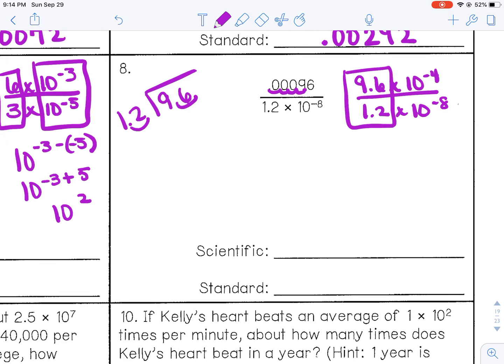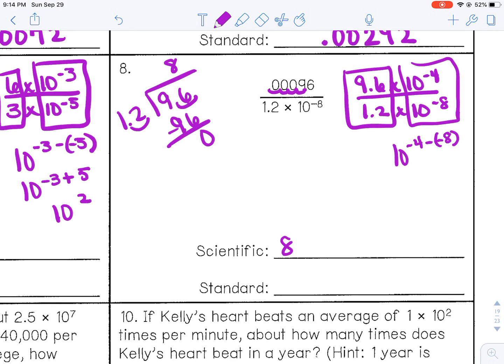Sorry about that. And 12 goes into 96 8 times. 8 times 12 is 96, so that one worked out perfectly. Okay. So that's going to give me 8. All right, now as far as this goes, be careful. We've got negative 4 minus a negative 8.